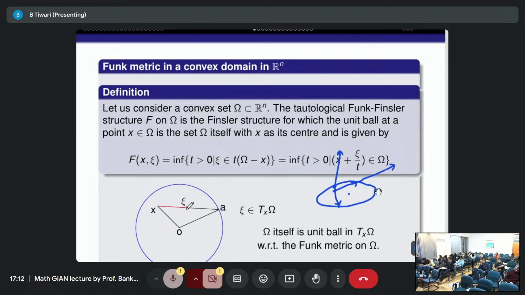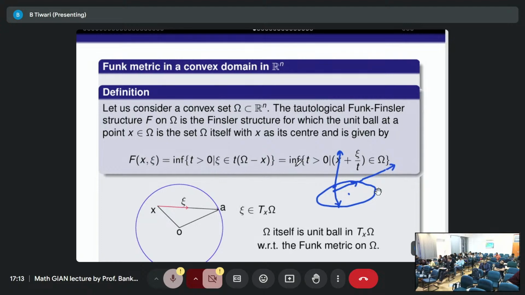What you have to do is see where x plus 1 upon t times xi intersects the boundary. Suppose 2 times xi meets the boundary, that is, 2 times xi is this unit vector; it means the norm of xi should be 1 upon 2.